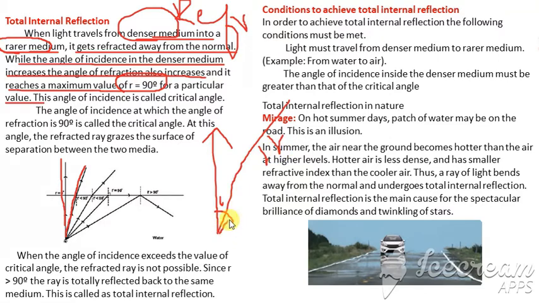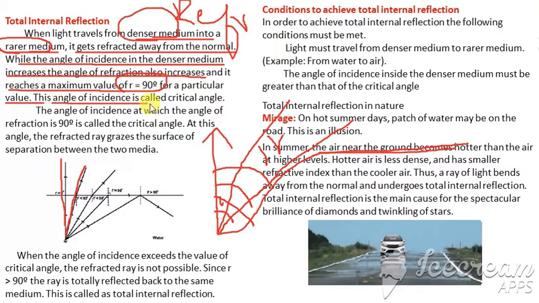For a higher value of i we get a higher value of r. Again it goes on like this, and at a particular angle of incidence the ray goes along the surface. Okay, r is equal to 90 degrees for the maximum.